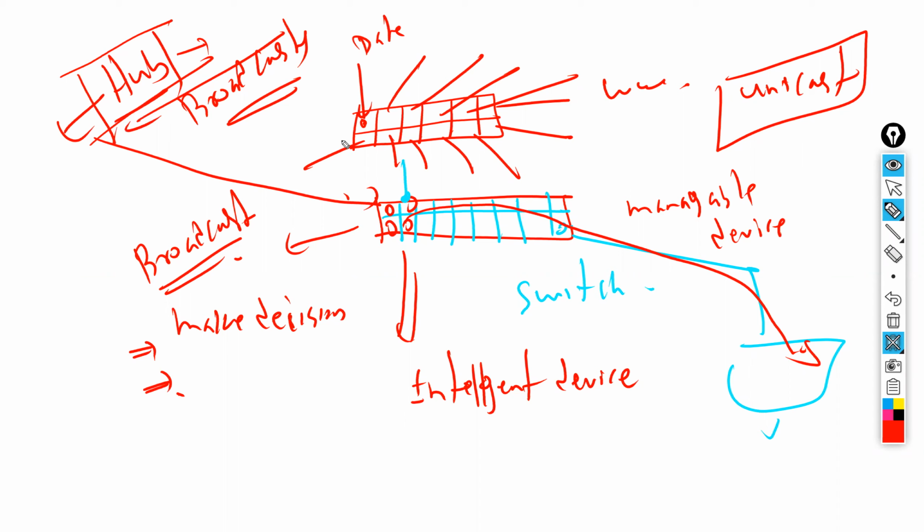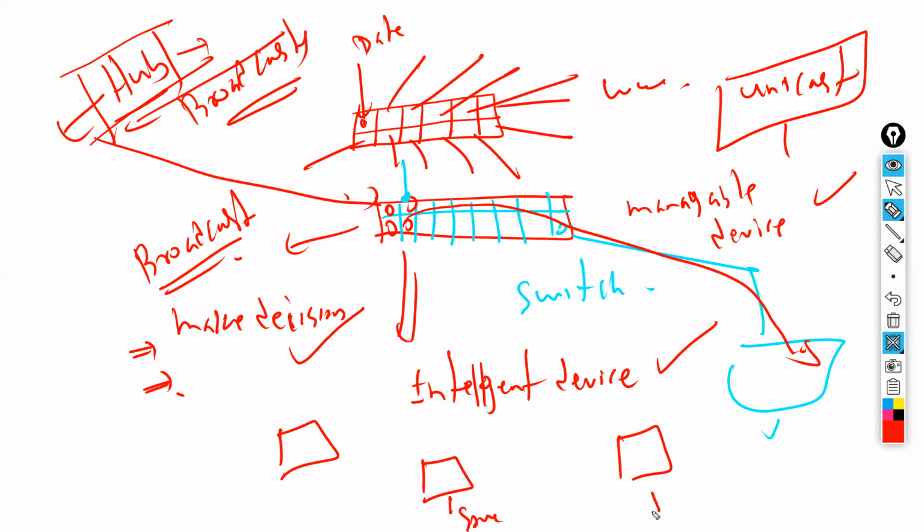But unlike the hub, the switch is an intelligent device. It is a manageable device, and it can decide where to go, and it can do unicasting. That means one source to one destination. It clearly identifies and sends to that particular destination only, instead of all other destinations.